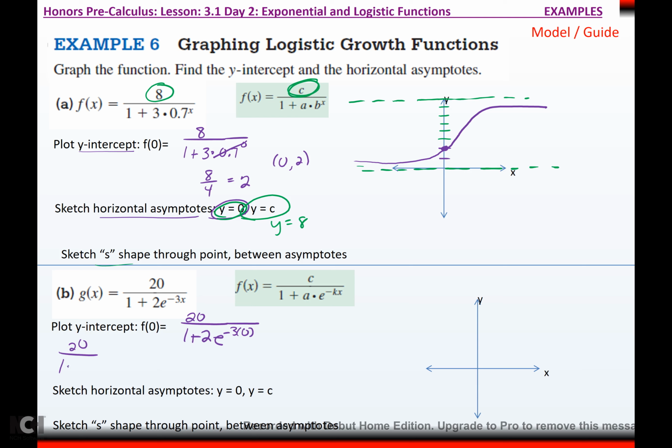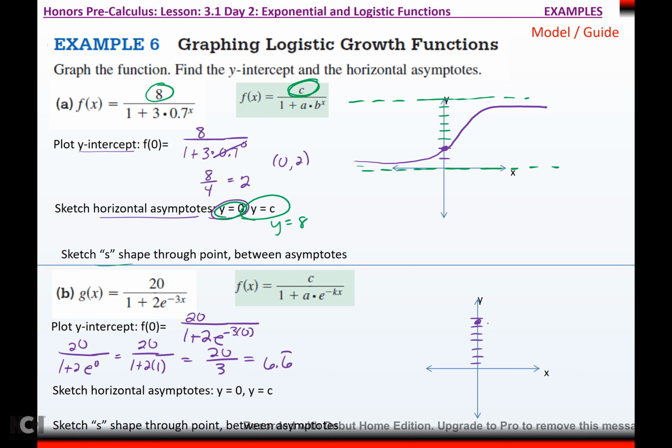I don't think I need to write every step out, but that's to the 0. Anything to the 0 degree is 1. So that gives me 20 over 3, which is 6.6 repeating. Okay? So if I do that, 1, 2, 3, 4, 5, 6, 7, 6.6 repeating is about right there.